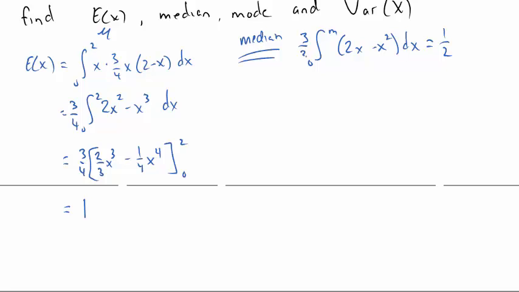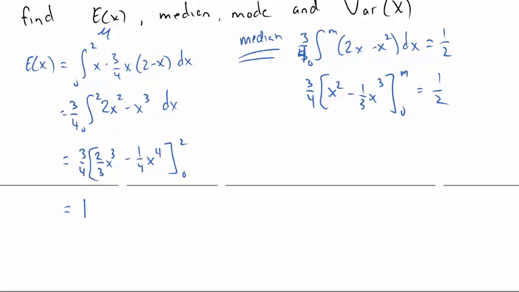And I forgot my 3/4. So we take the antiderivative: x squared minus 1/3 x cubed, evaluated at 0 and m, equals 1/2. And we're going to substitute the limits of integration now.